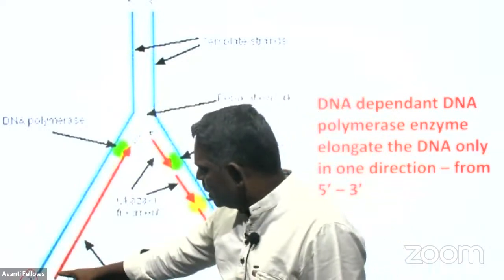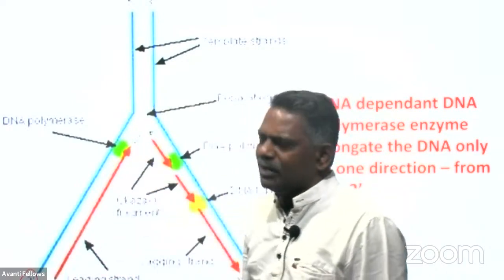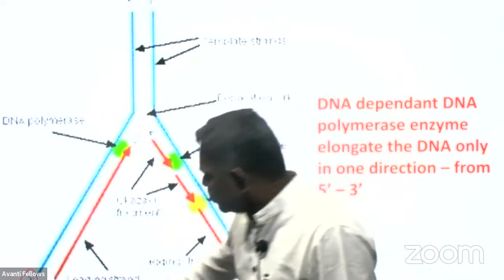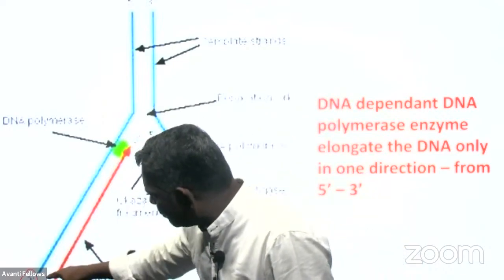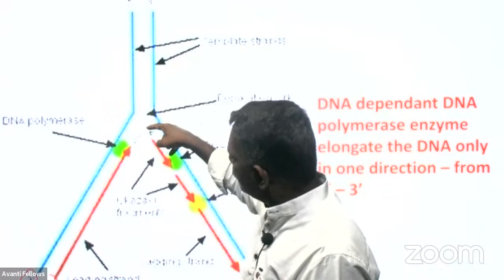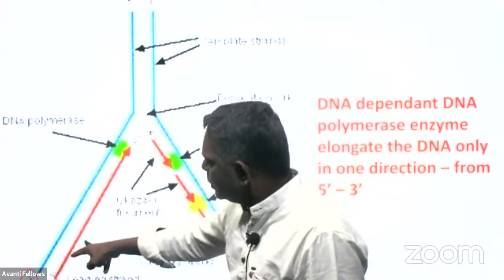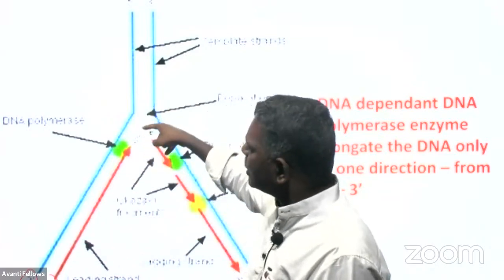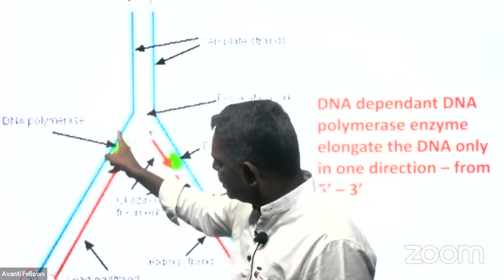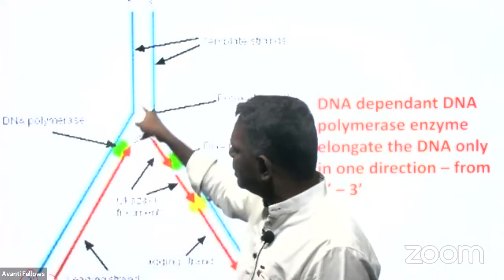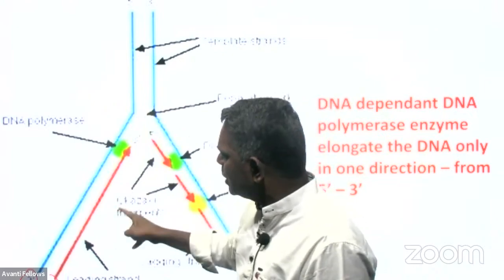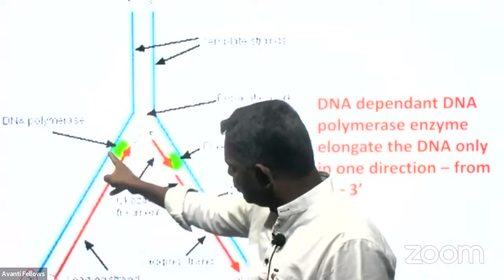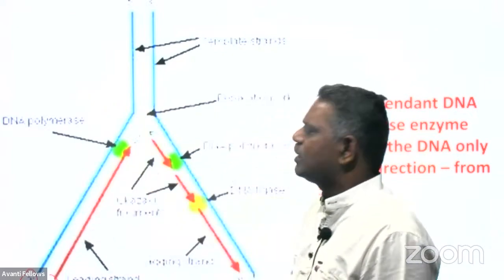So naturally the newly constructed DNA should be complementary and anti-parallel. So it is possible to start from the 5 prime leading to 3 prime only. So it is possible to construct a new strand here based on the nitrogenous base sequence present in the template strand.